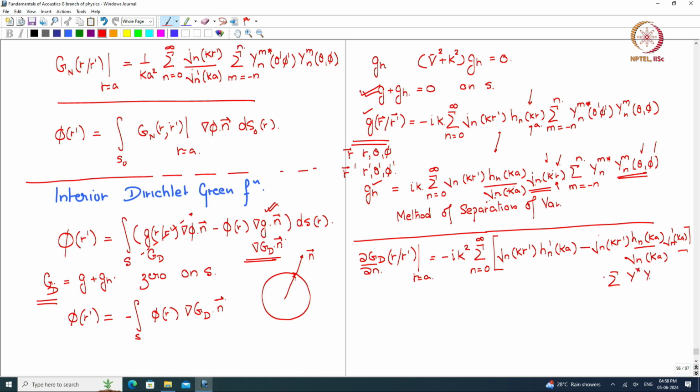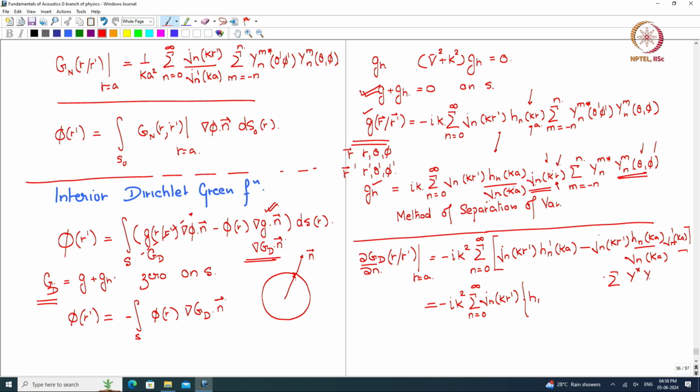Okay. So now if we try to find a common term, minus i k square summation n from 0 to infinity, I will pull out the j n of k r dash outside, which is common.